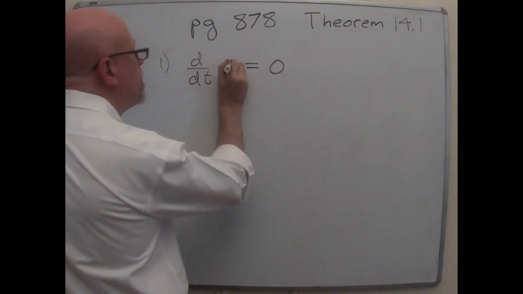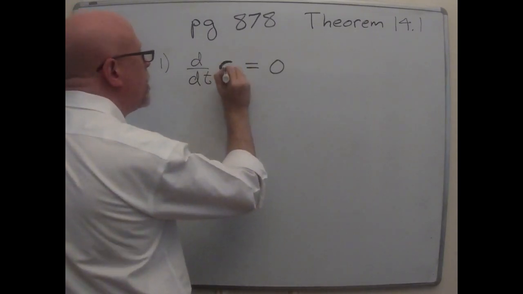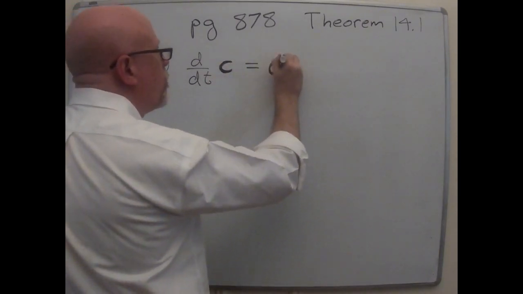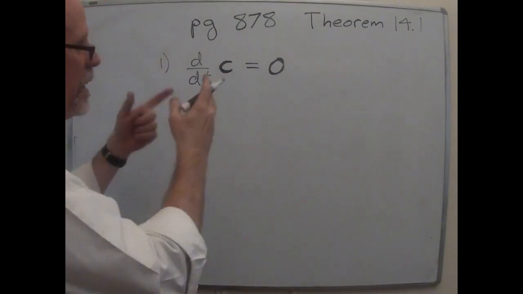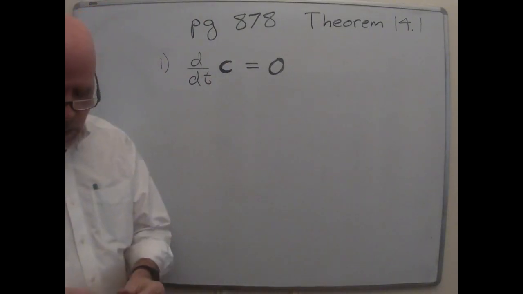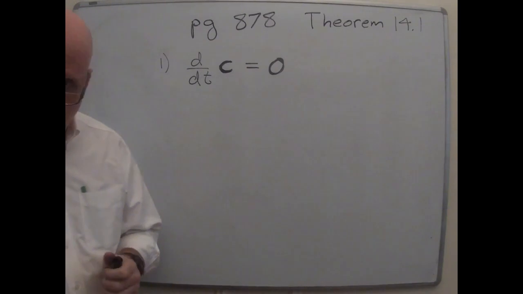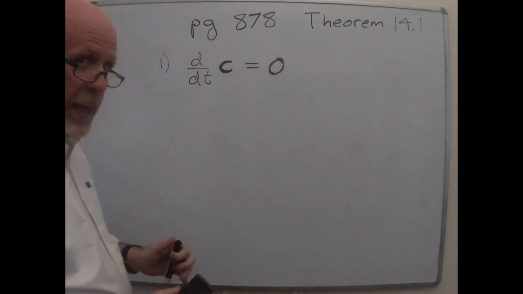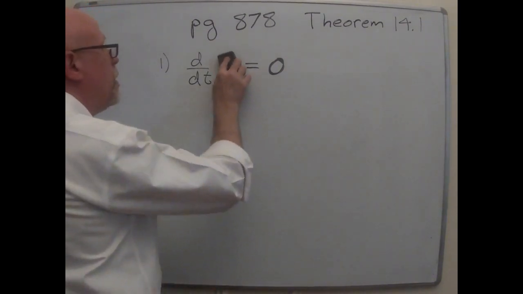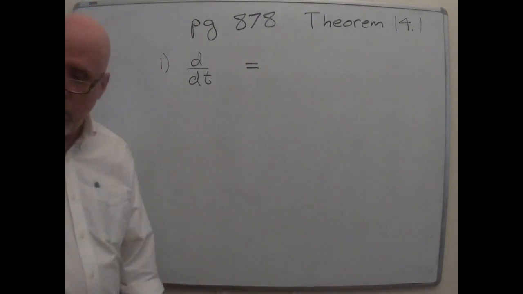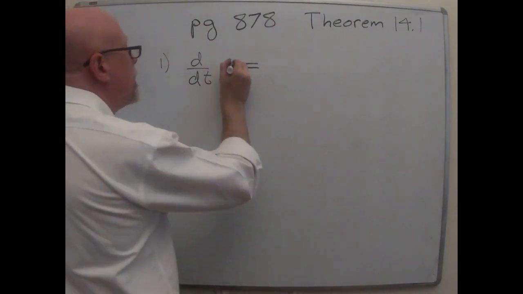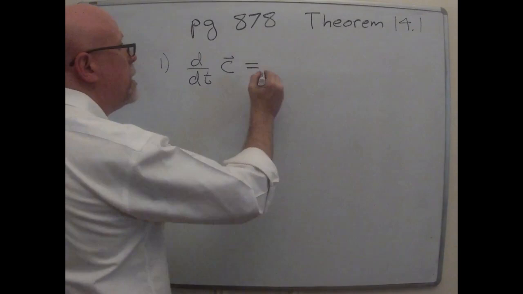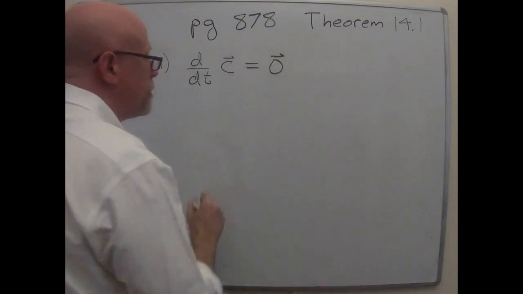In the book, this C is boldface, and this 0 is boldface. I'm not going to keep trying to write bold-faced things on a whiteboard, so let's adopt the vector hats standard here. So we'll say the time derivative of a vector c is equal to the 0 vector.